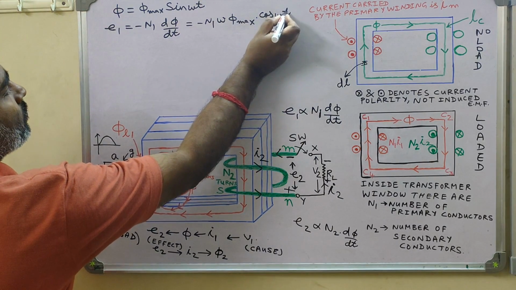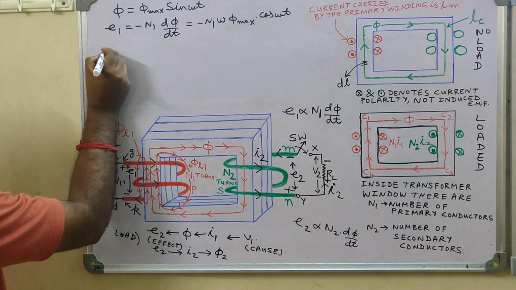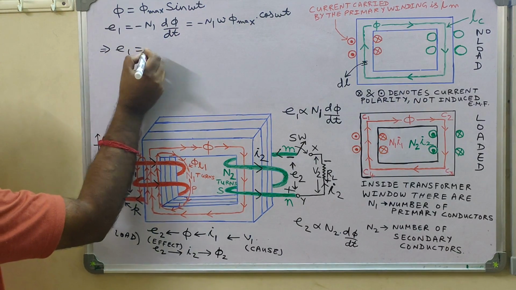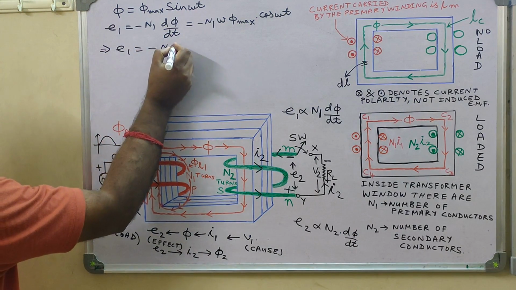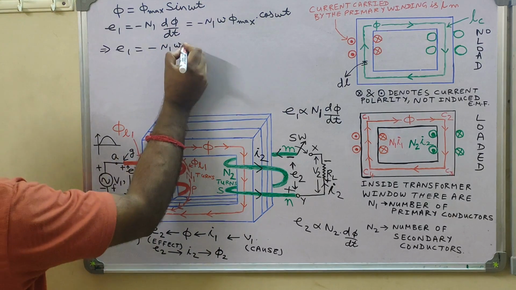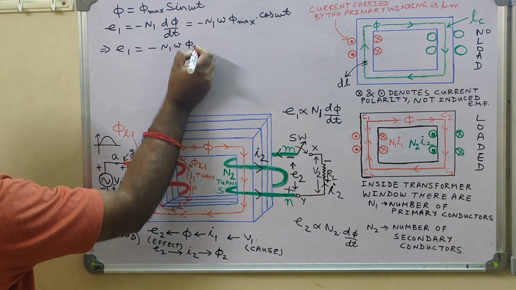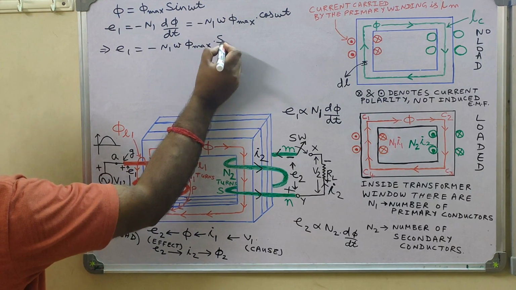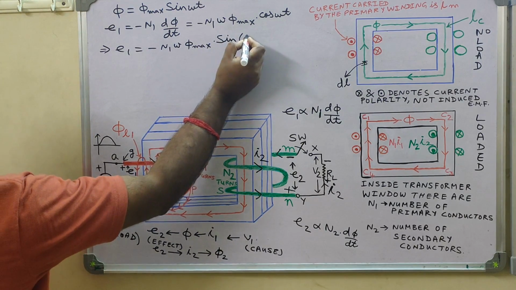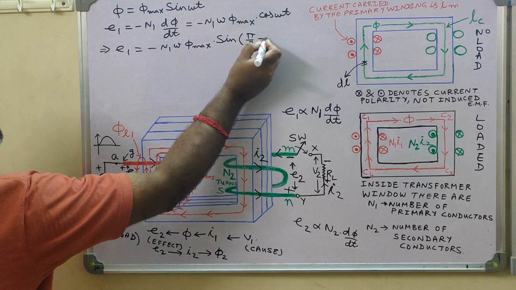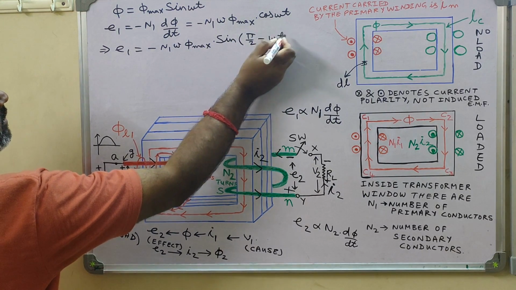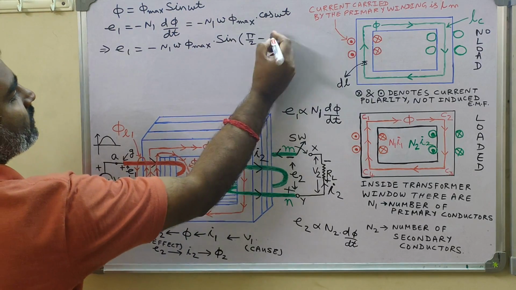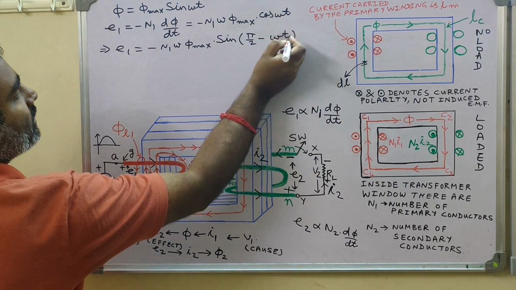Further we can write E1 as minus N1 into omega, where omega stands for the angular supply frequency, into cos omega t. Cos omega t can be written as sine of 90 minus omega t. This we know from our trigonometry knowledge.